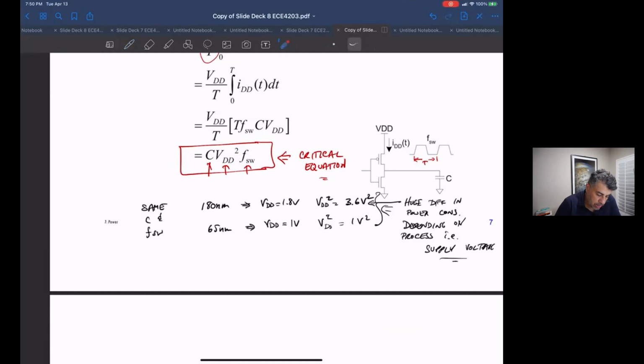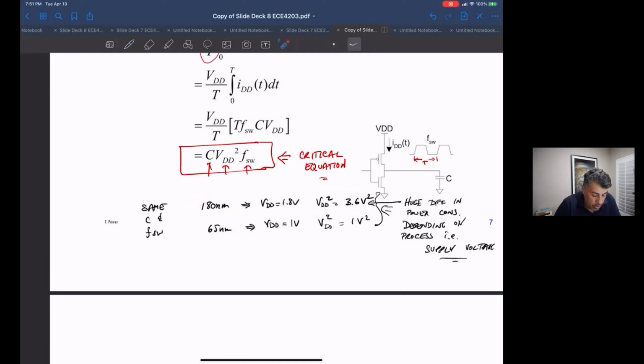Just because the supply is higher for an older process, the power consumption just from that is significantly higher, okay? Because of the square law dependence, like a factor of 4, it's huge, okay?